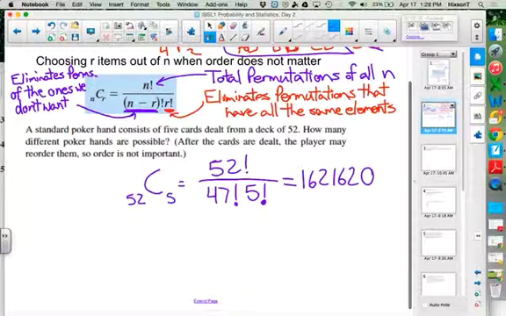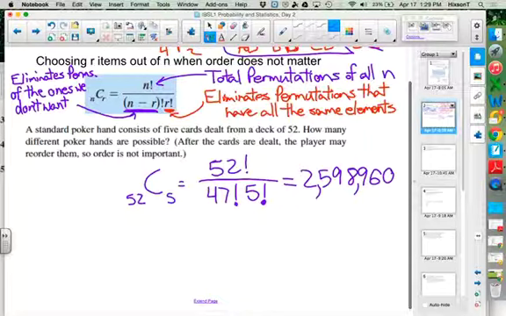What was it? 2,598,960. I think that's actually it.